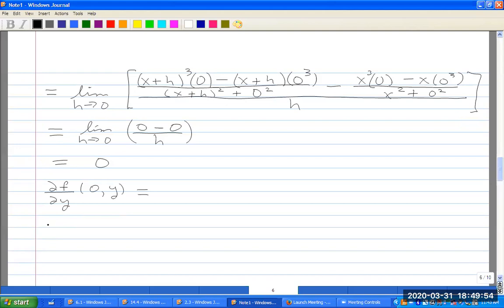So this is the limit as k goes to 0 of f of 0, y plus k minus f of 0, y over k.